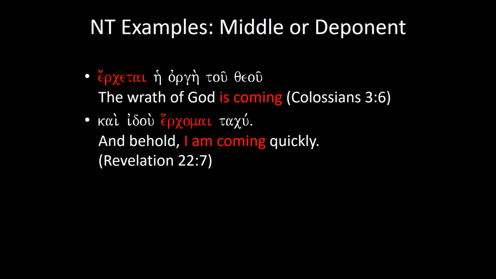Erkomai taku. And behold, that's that word idu, and behold, erkomai taku. This is the end of Revelation. Behold, I am coming quickly. One of the most common points from all of the New Testament's eschatological teaching, we must be ready, and we must be ready now.